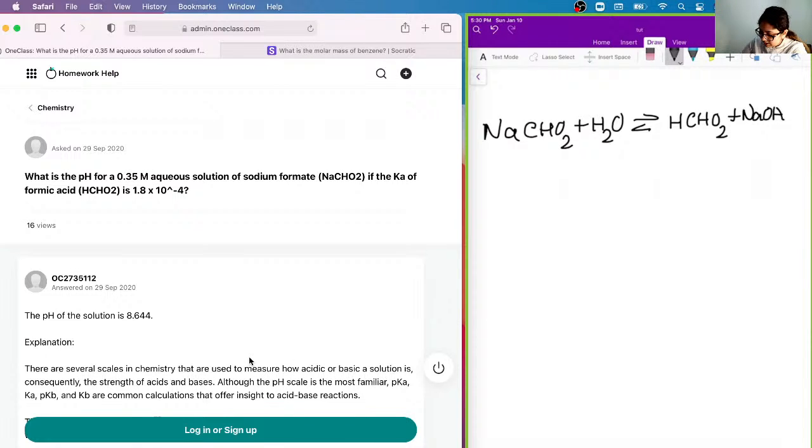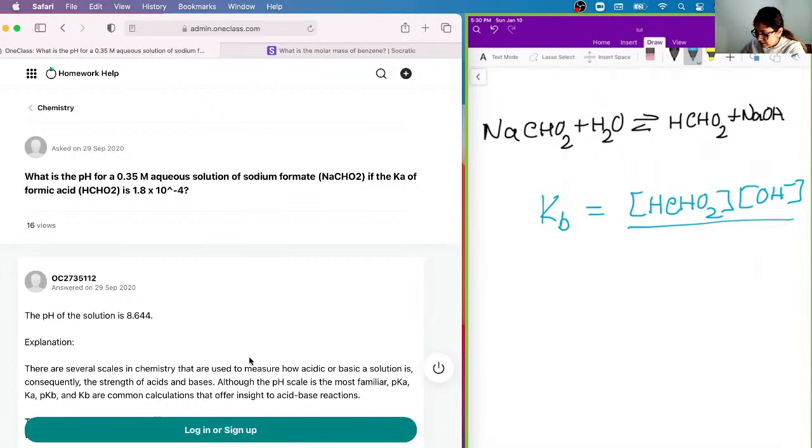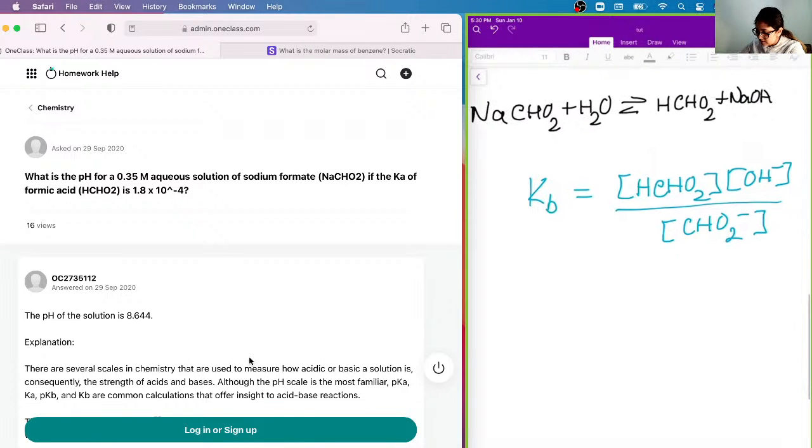Kb would be HCHO2 times OH minus, all under CHO2 negative. We're interested in our hydroxide ions, not sodium hydroxide. We're not interested in the sodium, we just want the ion.